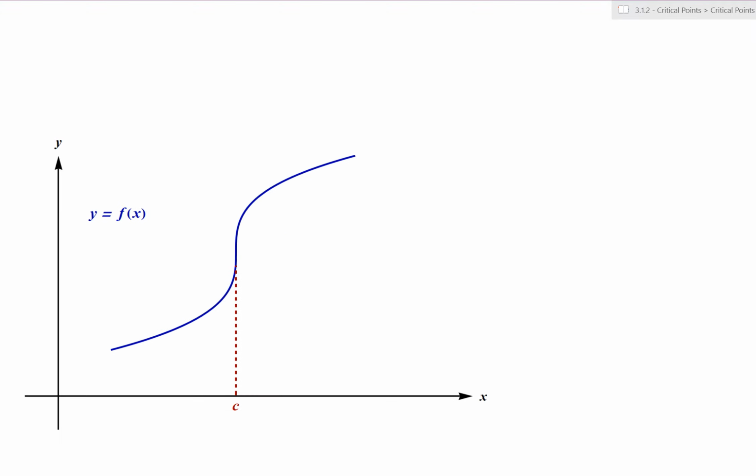Okay, one more here. Here is another function, y equals f(x), and it kind of looks like a cubic function of some sort. Notice that the function does have an output here at x equals c. So again, c is in the domain of the function to begin with, which we need. And notice that if I try to draw a tangent line there, my tangent line is going to be a vertical tangent line.